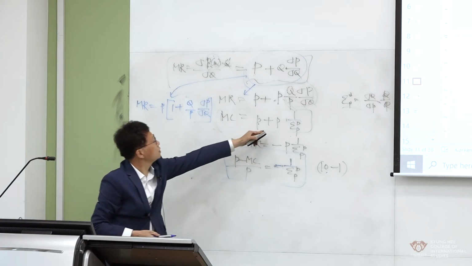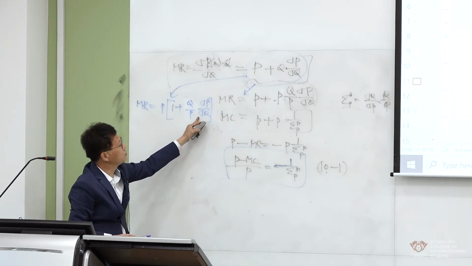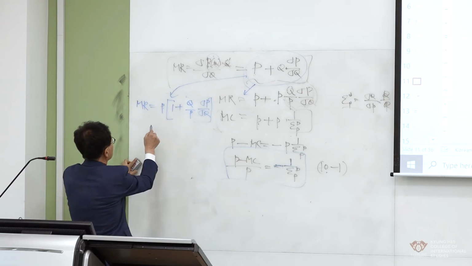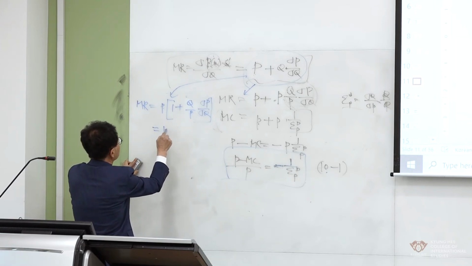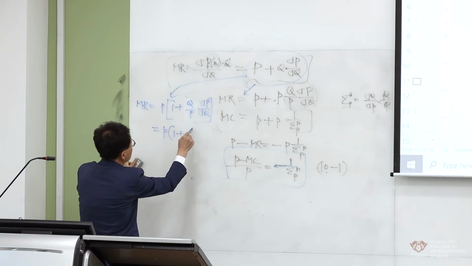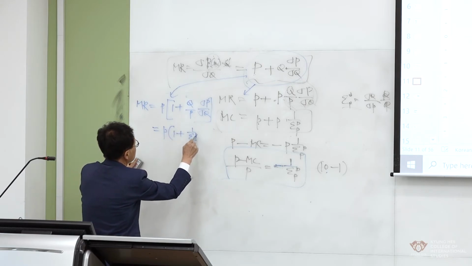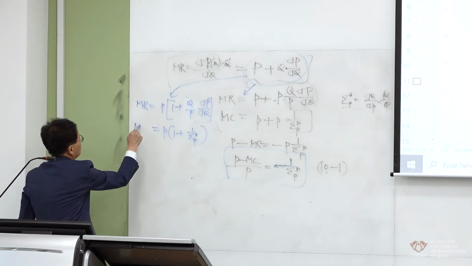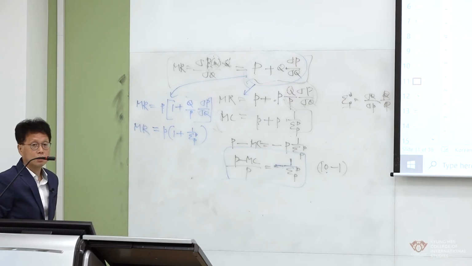And as earlier, this is the reciprocal of price elasticity of demand, isn't it? In other words, marginal revenue is equal to price times 1 plus 1 over price elasticity of demand. Right?